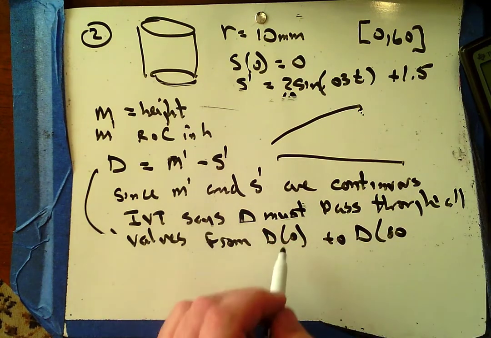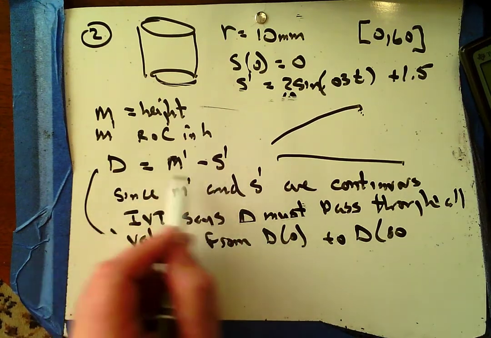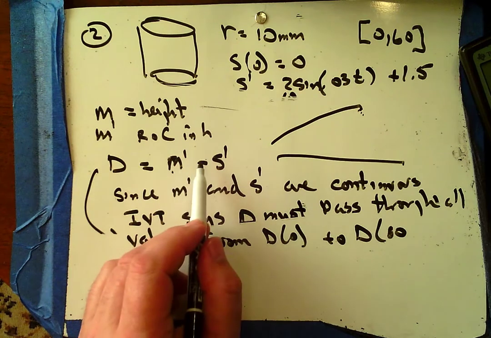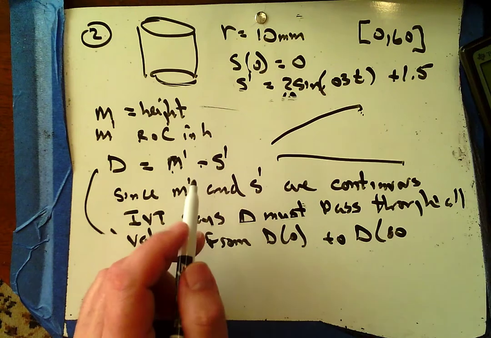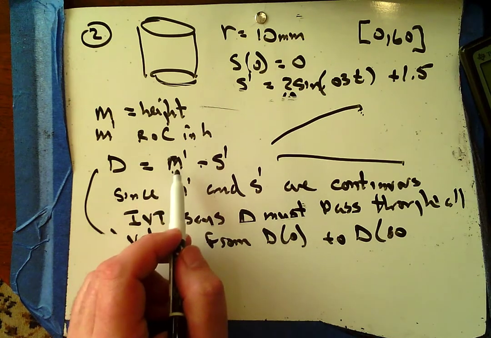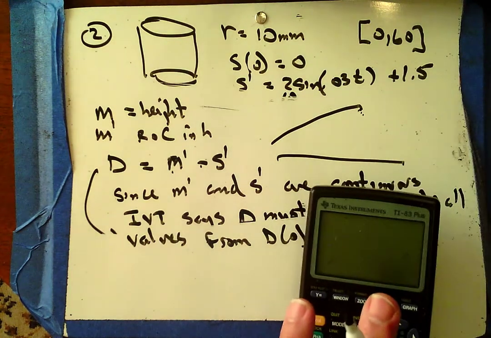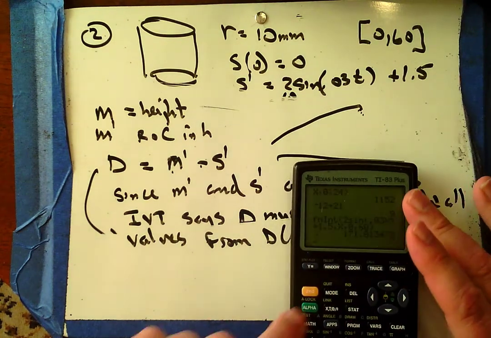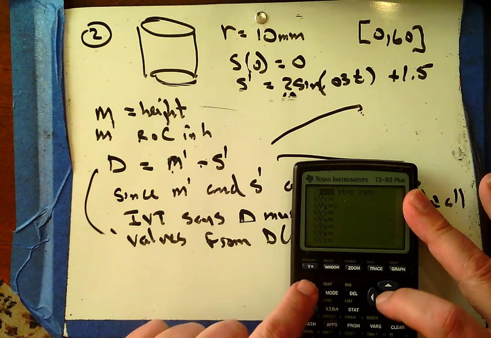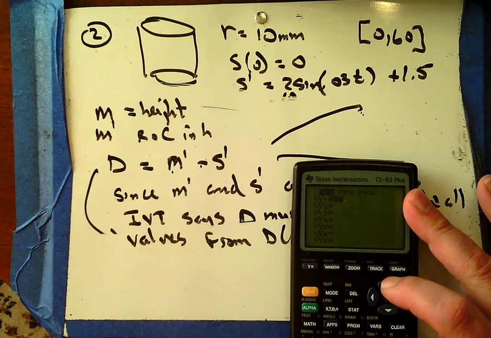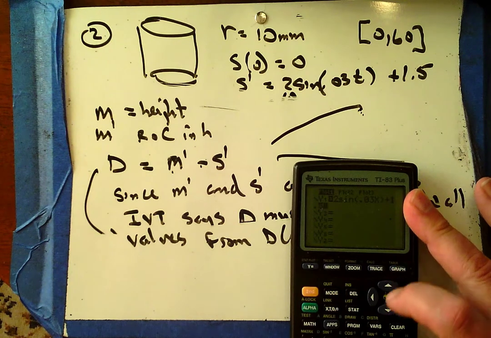Okay, so if I compute D of 0 on my calculator, that's going back to this function where I'm using m minus s. And so I need to type in that m function, or rather, I need the derivative of the m function, which was not given to me. So I think I need to do this. I go to y equals, and I'll type in my s prime function here, 2 sine(0.03t) plus 1.5.